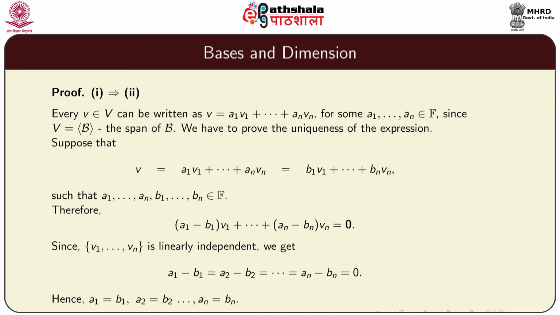Therefore, these scalars a1 minus b1, a2 minus b2, etc. up to an minus bn, they must all be 0, and therefore, a1 is equal to b1, a2 equal to b2, and so on, an is equal to bn. This shows that v written as a linear combination of v1, v2, ..., vn is indeed unique.